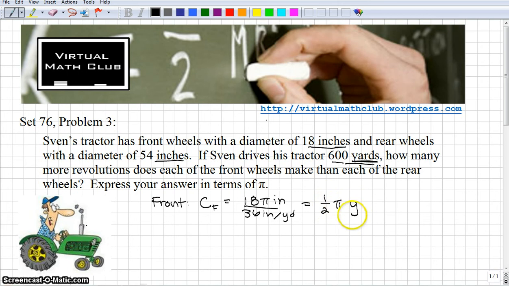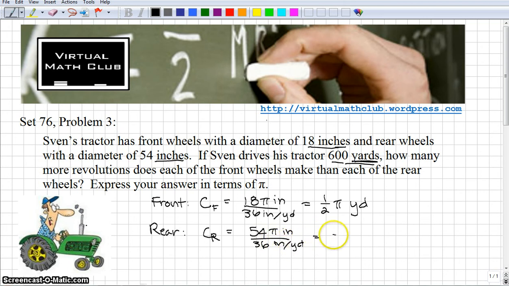All right, so what we have in the end is 1/2 pi yards. Now the rear wheels, we can do the same calculation. Circumference of the rear wheels, we'll call it CR. We're given that the rear wheels are 54 inches in diameter, so pi times the diameter gives you the circumference, and then let's convert that to yards again by dividing by 36 inches per yard.